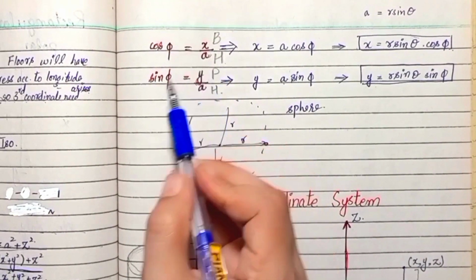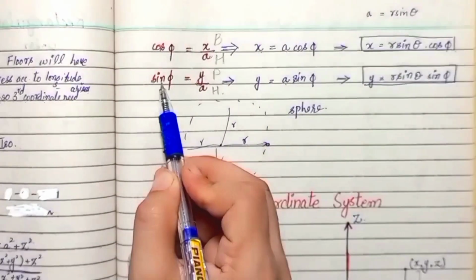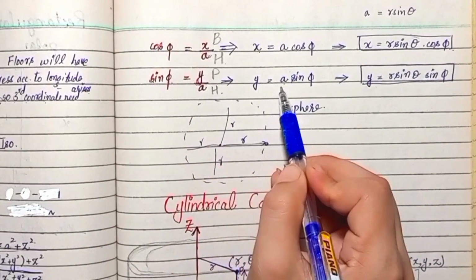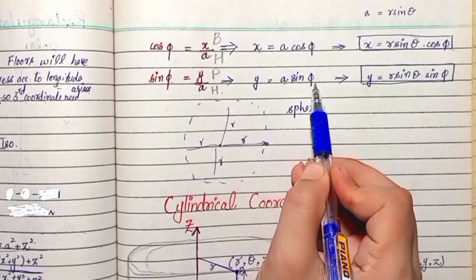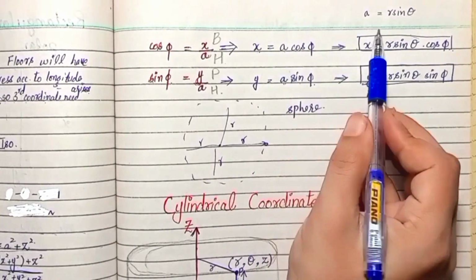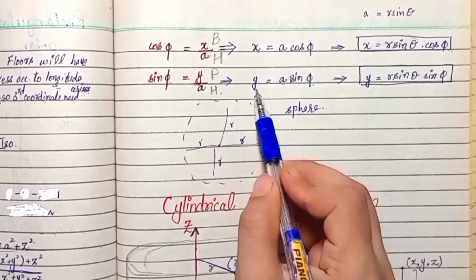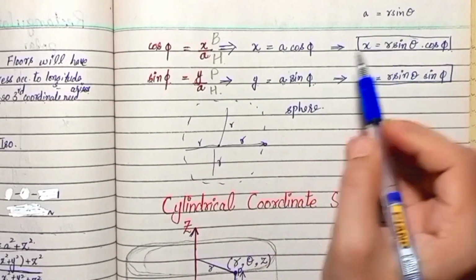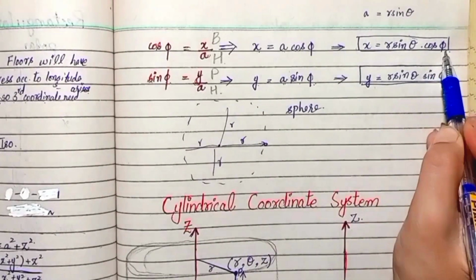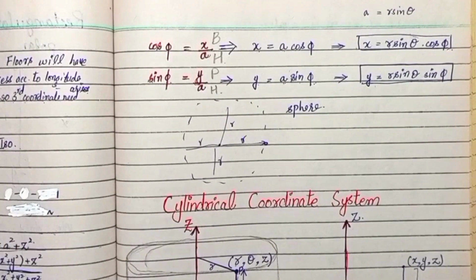If we leave x on one side, it becomes a cos psi, and sin psi is equal to y divided by a, so y becomes equal to a sin psi. We have derived that the value of a is r sin theta. If we put the value of a in the x and y equations, then x becomes equal to r sin theta cos psi, and y becomes equal to r sin theta sin psi.